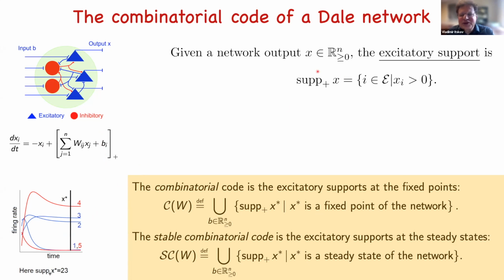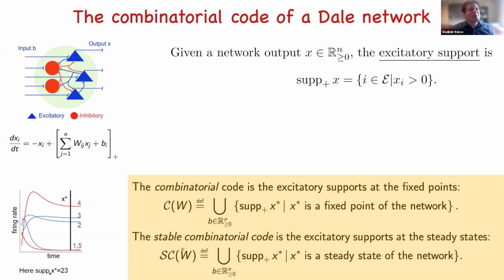And all we do is record excitatory supports at the fixed points. Or there is a variant of this definition, the so-called stable combinatorial code, where we record support at steady states as opposed to just the fixed points. Remember, in these networks, not every fixed point is automatically a steady state. There is stability analysis that needs to be done. So we distinguish these two versions of the code.